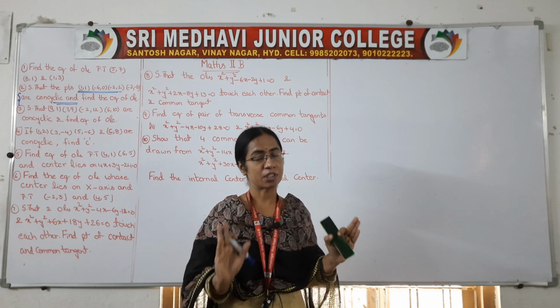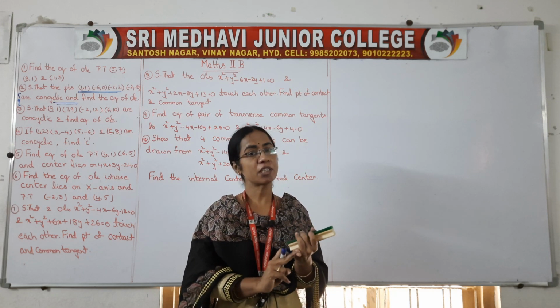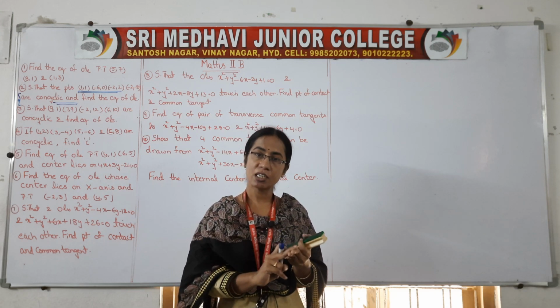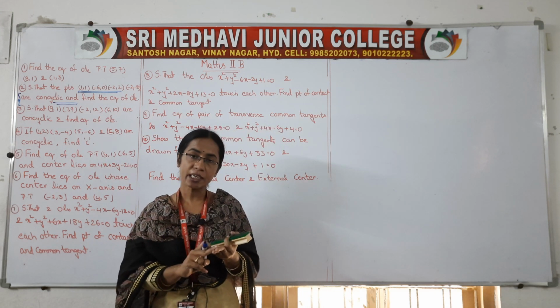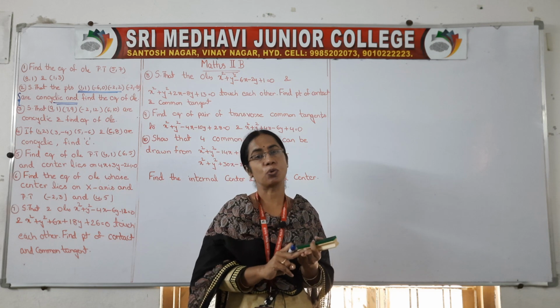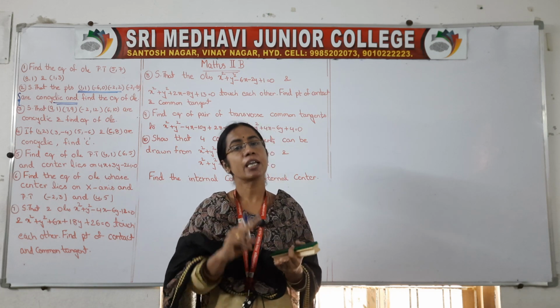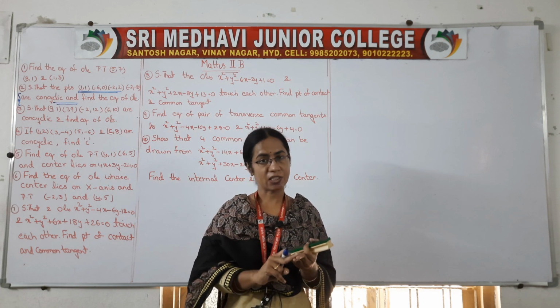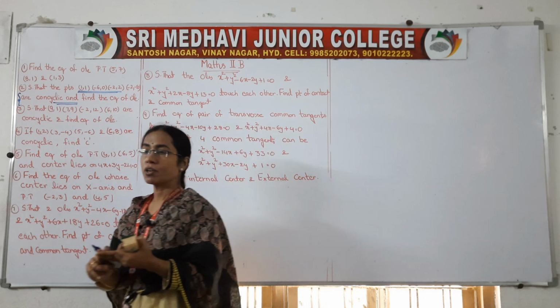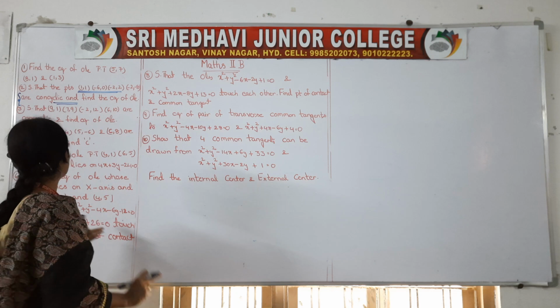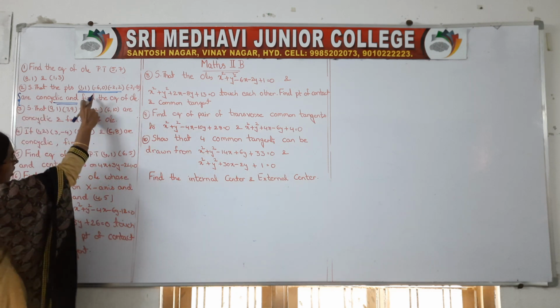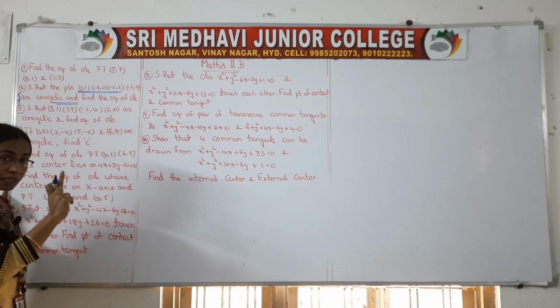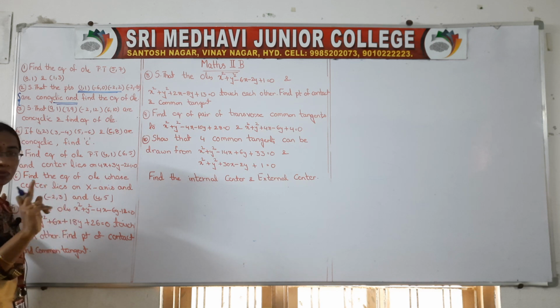That is the concept. If you solve the first problem, the second and third are also the same concept. The only thing is we have to prove they are concyclic. What is meant by concyclic? If all the points lie on the same circle, then they are said to be concyclic. Okay, so your second and third, right? These 2 questions use the same method, but the points are different, so you will get different equations.